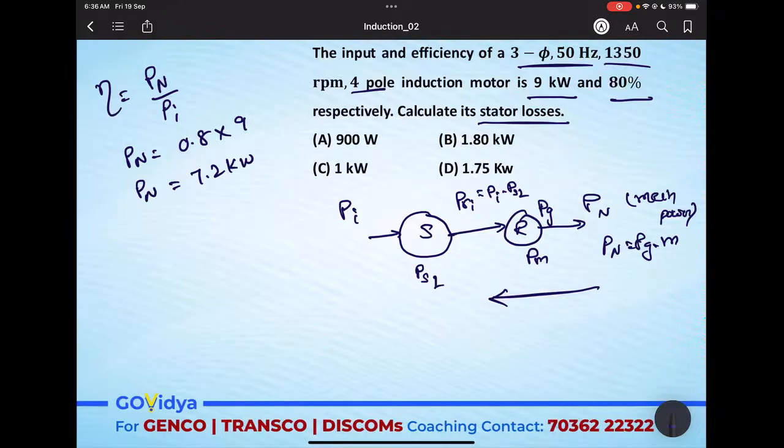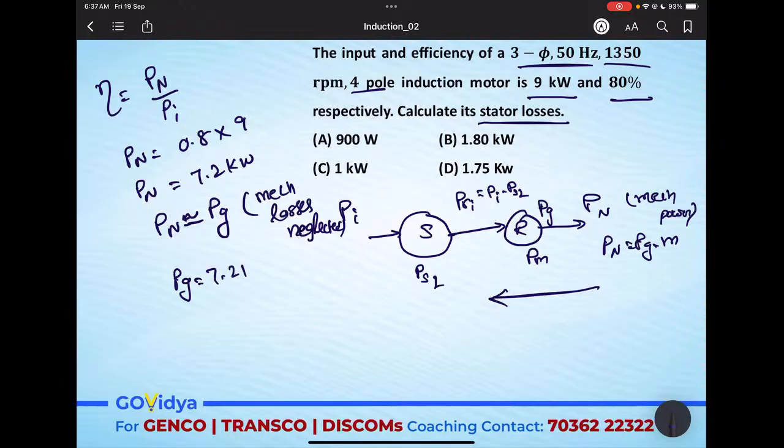Let's assume they didn't mention any mechanical losses in the question, so mechanical losses are neglected. Then Pn is nearly equal to the gross mechanical power developed. If they mention anything in the question, we need to consider it. Since they didn't talk about mechanical losses, we neglect them and take Pg equal to 7.2 kilowatt.